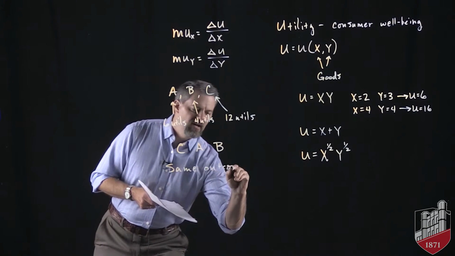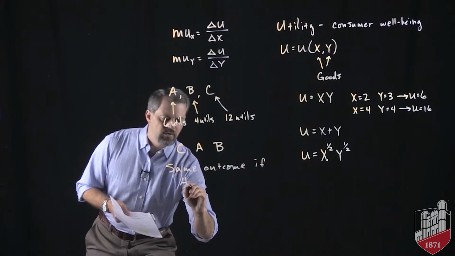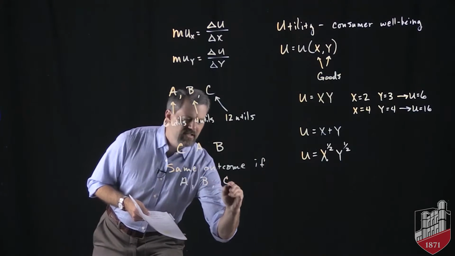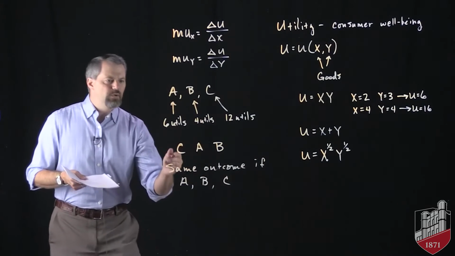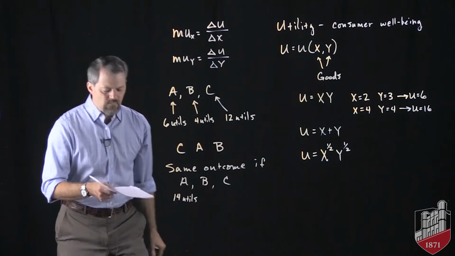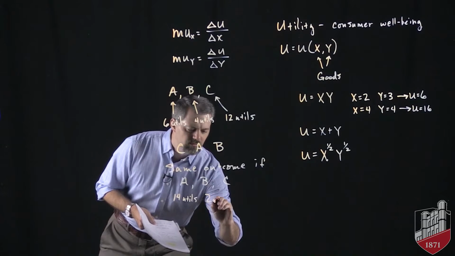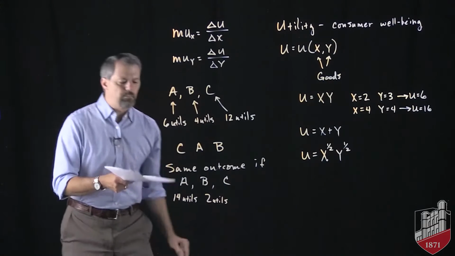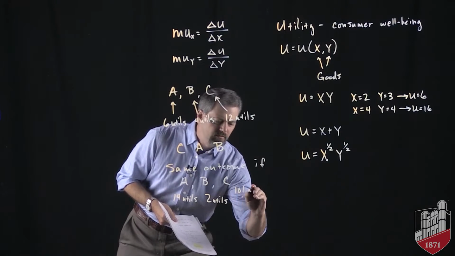We would get the same outcome if, from our 3 bundles, A, B, and C, we got, say, 14 utils from bundle A, 2 utils from bundle B, and from bundle C the consumer got, say, 101 utils.